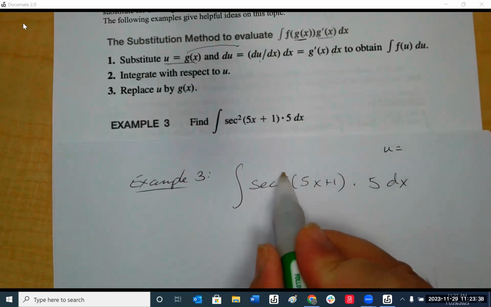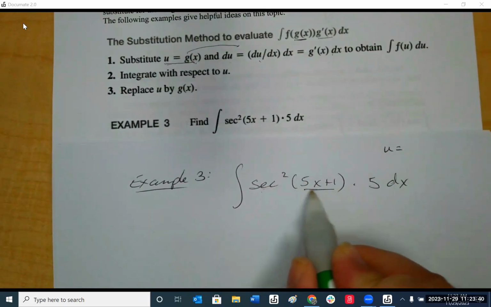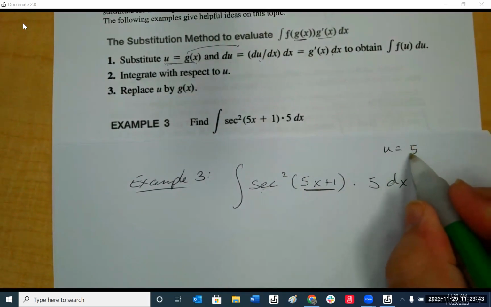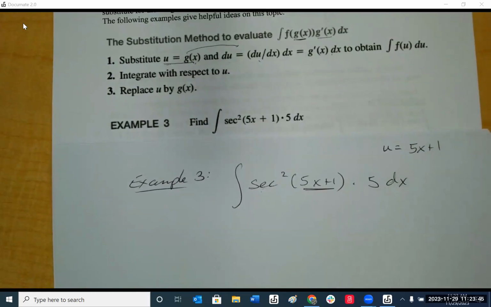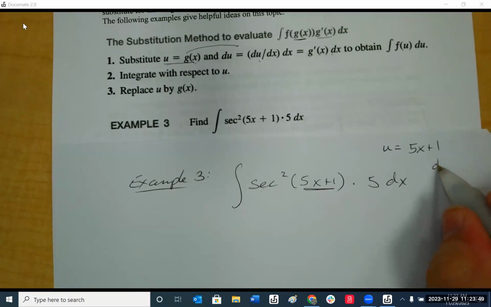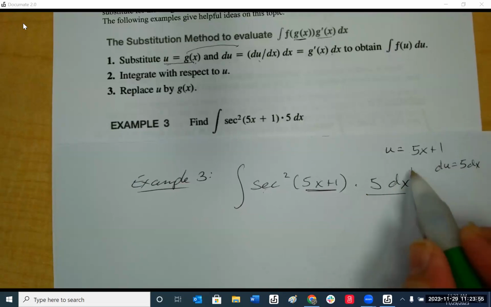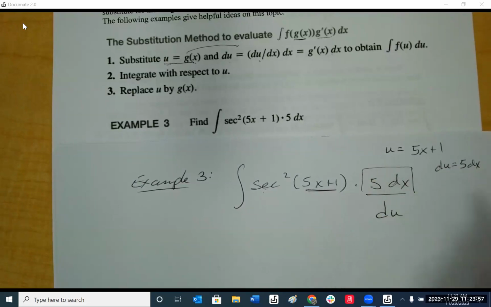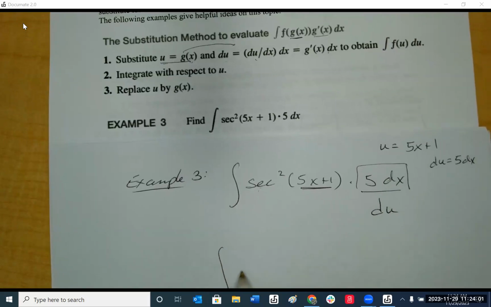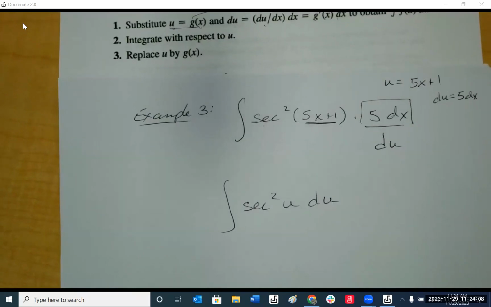So since the outer function is secant squared, this must be my u. When I take a derivative of u, I get 5 dx, which is what this is. This is my du. So what this now says is secant squared u du. That's how we wrote this.